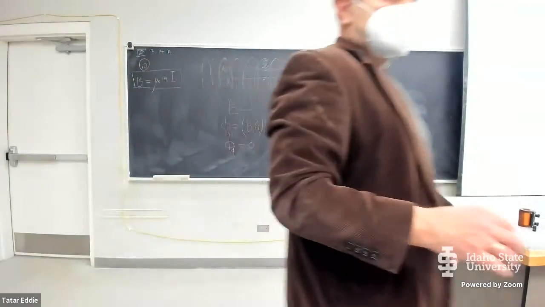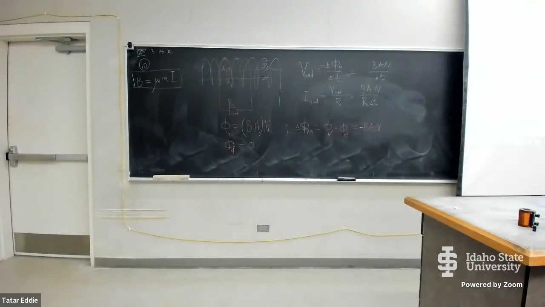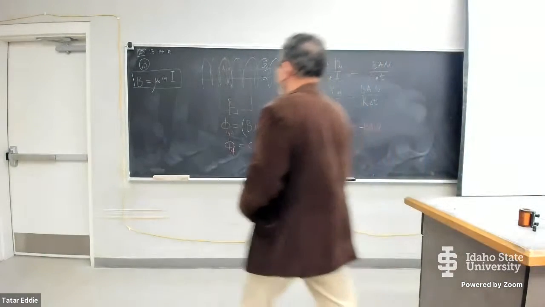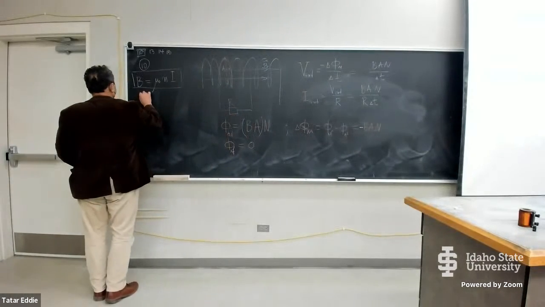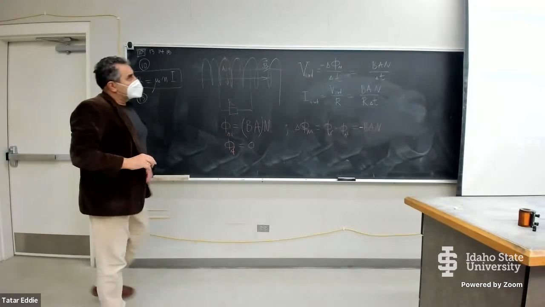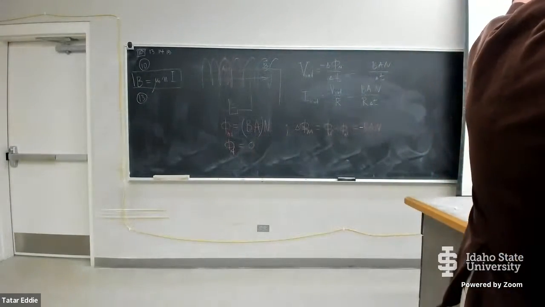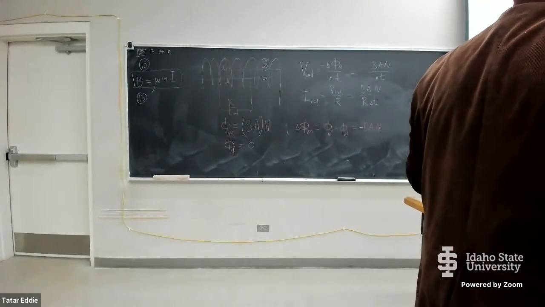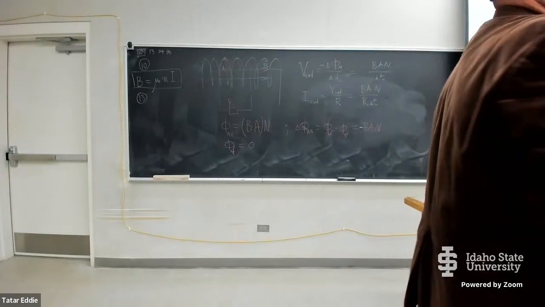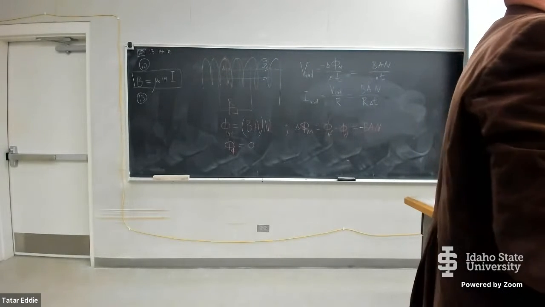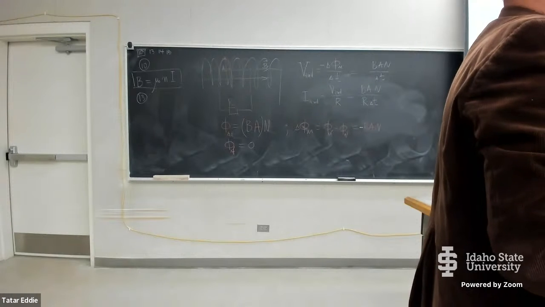Okay, let's see what is the next problem that is on the board. Okay, problem number 13. You want to make a solenoid like this one, but you want its inductance to be 1 millihenry. Milli is 10 to the negative 3.